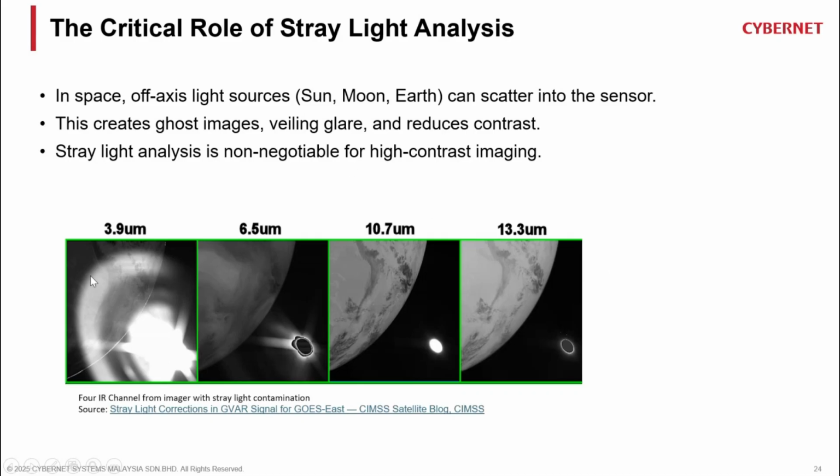The photo on the bottom is an example of how stray light affects our imaging detector. On top here is the wavelength for the infrared, and this is the optics shared for the 4 IR channels for imaging with this stray light contamination. So we can see the effect of stray light on our imaging sensor.